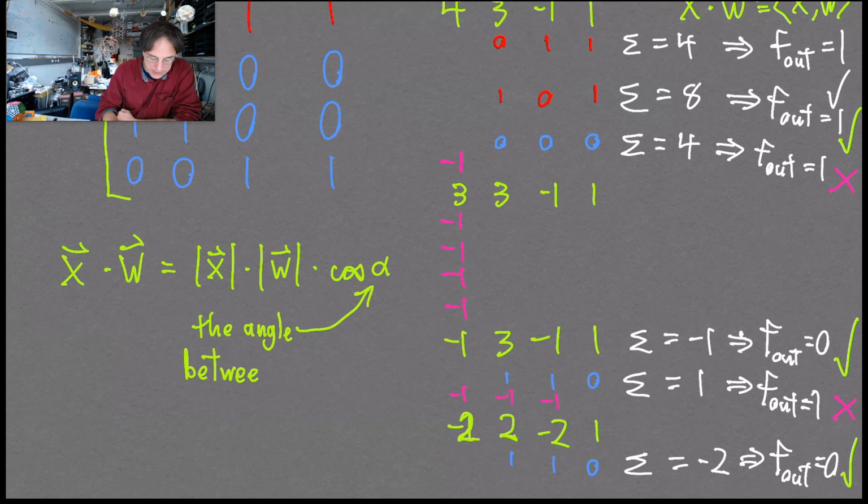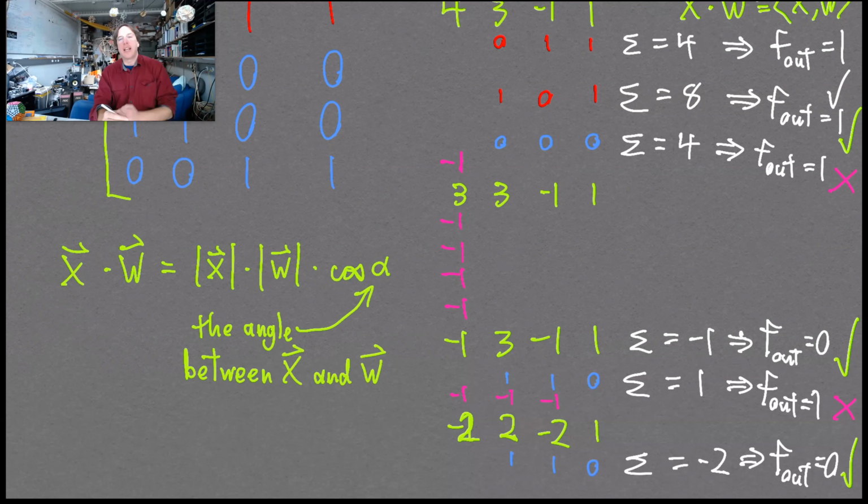And this angle, in 2 dimensions, you can think of it as an angle. In 3 dimensions, it's also just an angle between two vectors. In fact, in any number of dimensions, it's just an angle between two vectors.